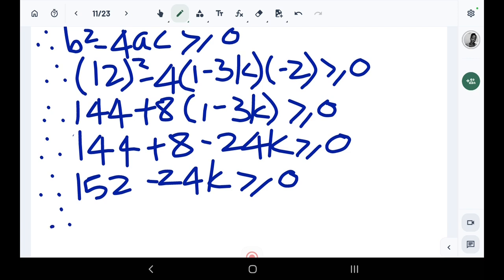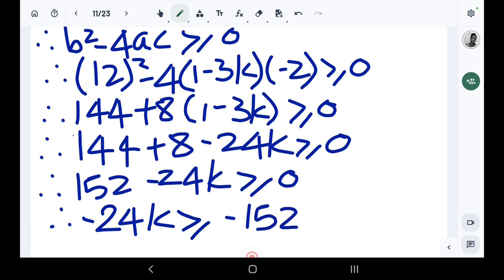And now you take the 152 to the right-hand side. So that is negative 24k is greater than or equal to negative 152. Now, what happens to inequalities? If you divide through by a negative number, you change the sign in the middle.